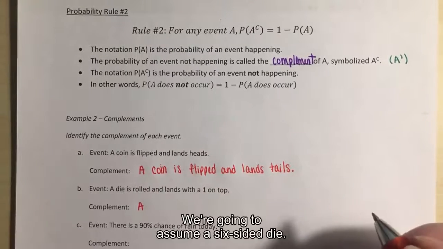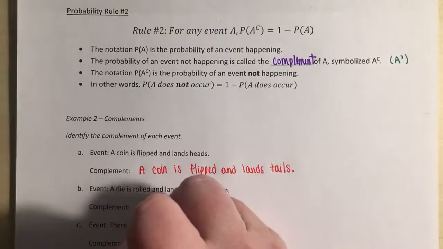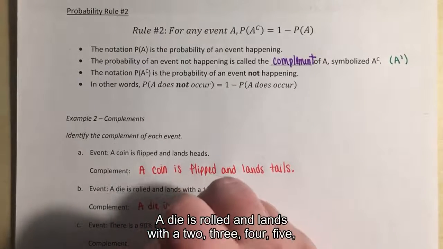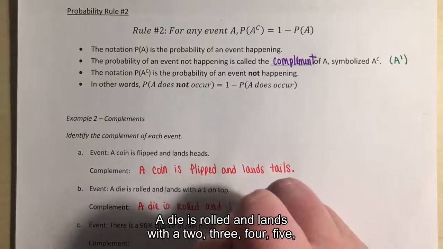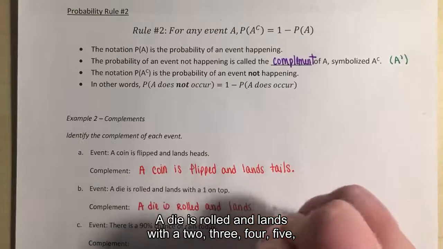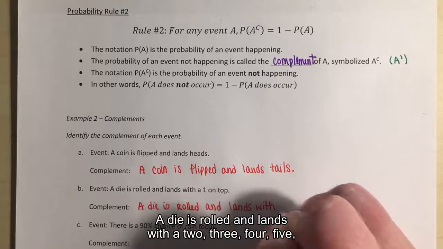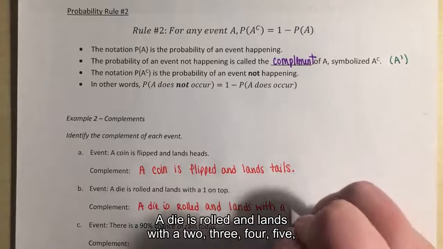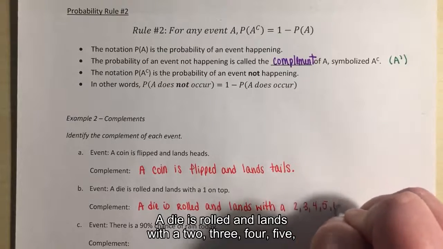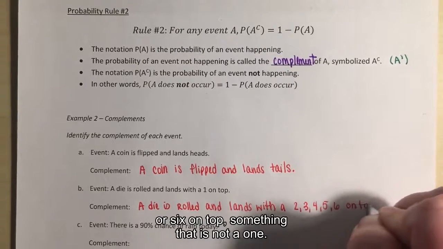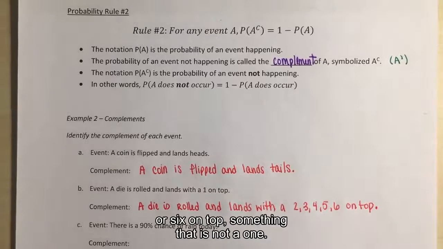We're going to assume a 6-sided die. So a die is rolled and lands with a 2, 3, 4, 5, or 6 on top. Something that is not a 1.